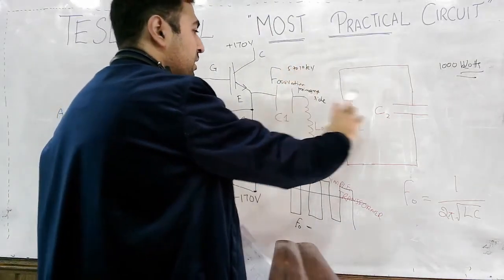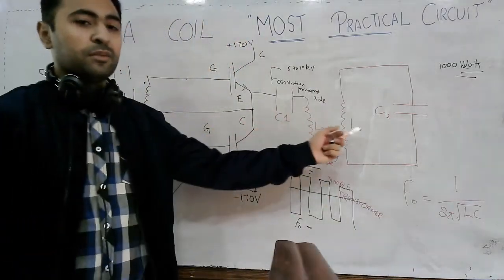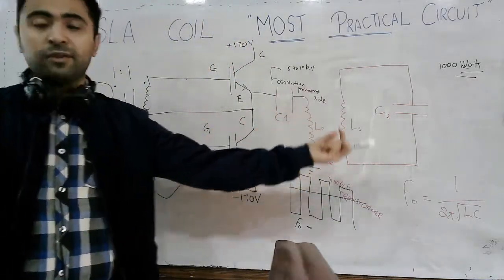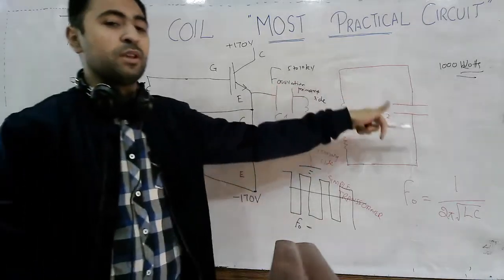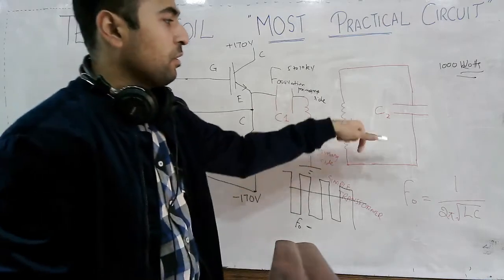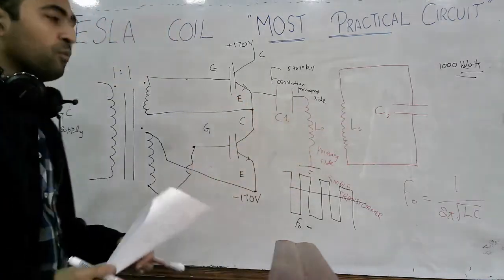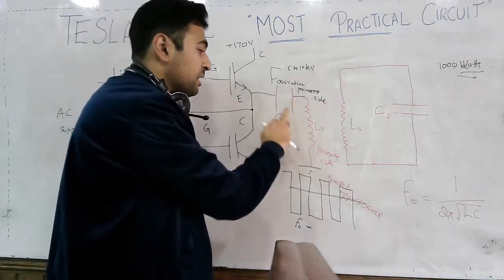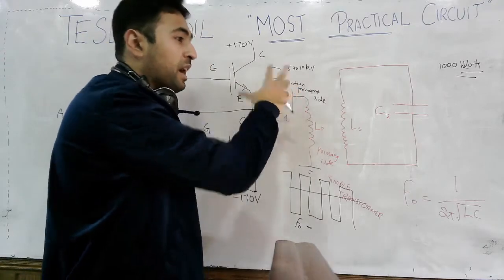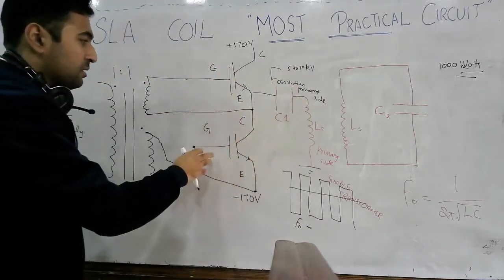So both are resonating circuits, but they are working on high frequency mutual inductance. So here is just the transformation. The resonant frequencies of the secondary and the primary side are equal, and we hit this inductor and capacitor with the right resonant frequency by using this gate driver circuitry.